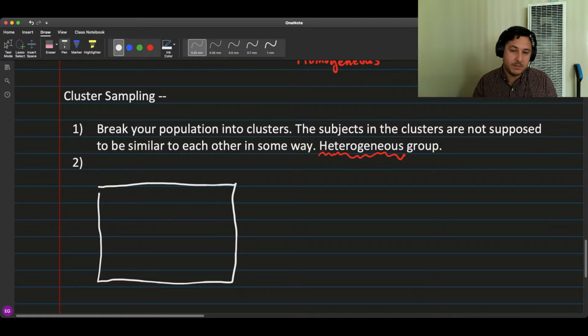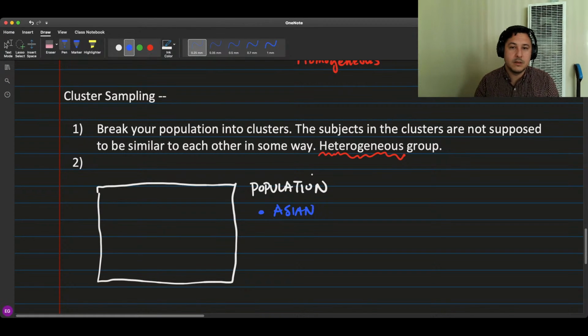Okay, let's say here's your population. And let's use those colors. Let's say that blue means it's an Asian person. Green means that it's a white person. And red means it's a black person.